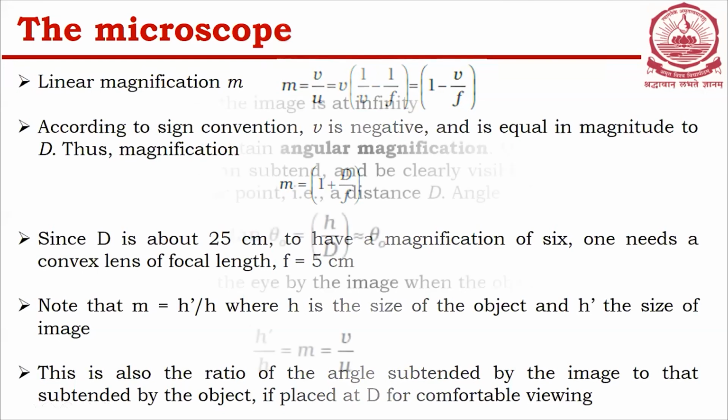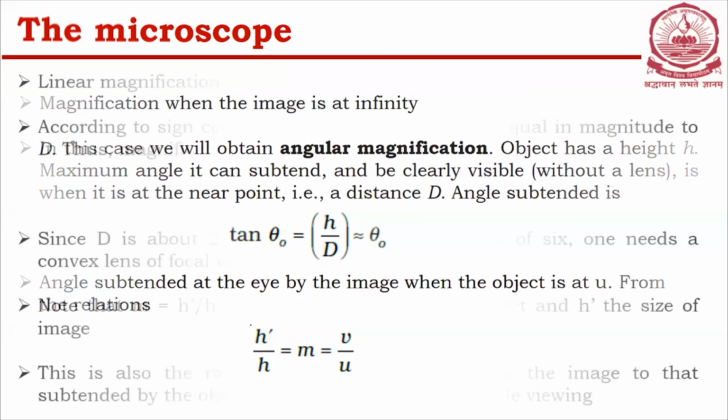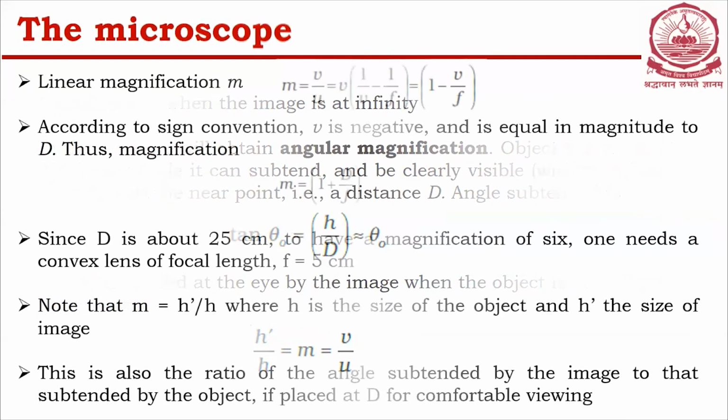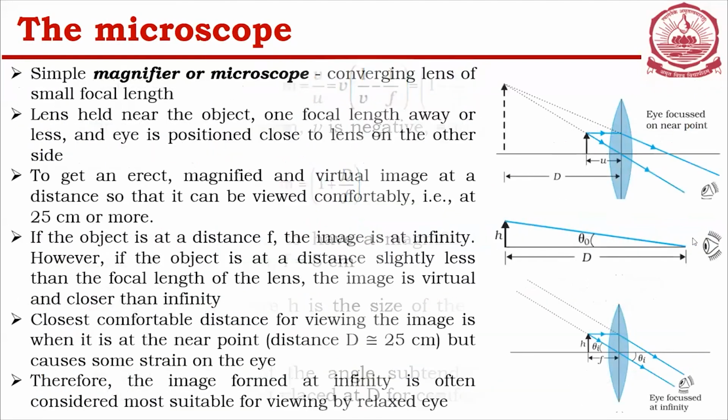Okay, simple magnifying glass. Another thing with the simple magnifier is what is called angular magnification. I will tell you in a simple way in this diagram. The angle subtended by the object at your eye without any lens is theta naught, and the angle subtended by the object at your eye with the aid of this lens is theta I. So theta I by theta naught will give you angular magnification.